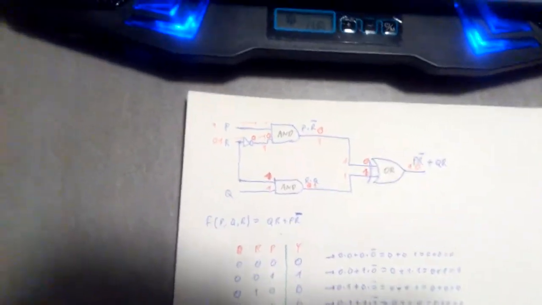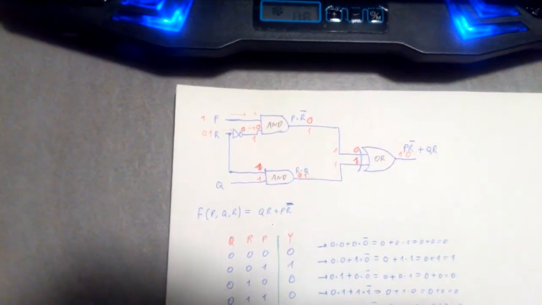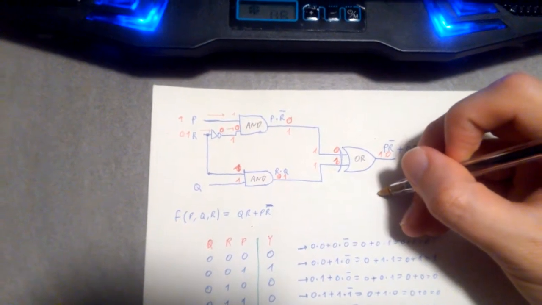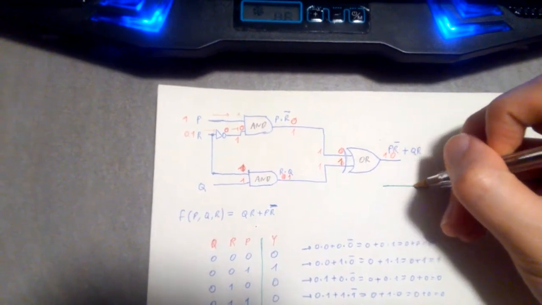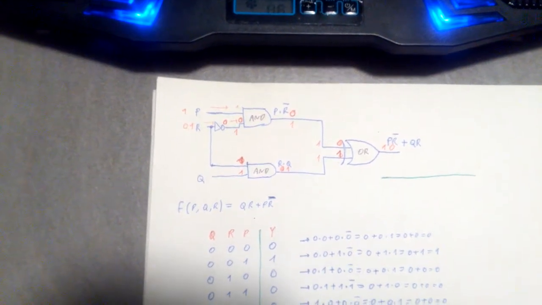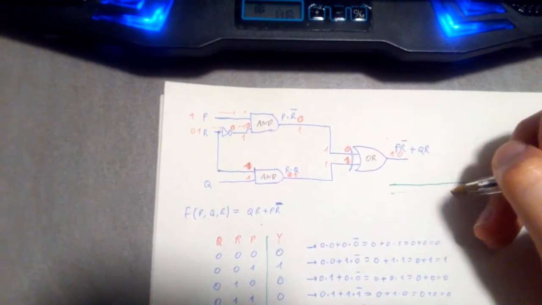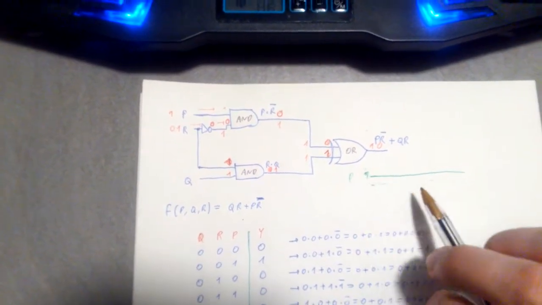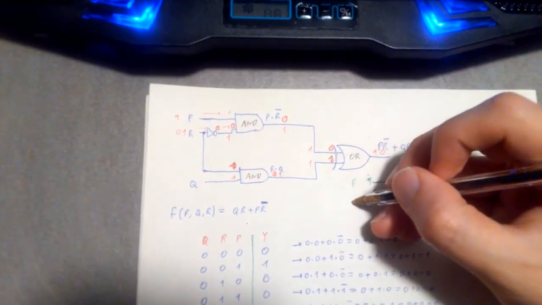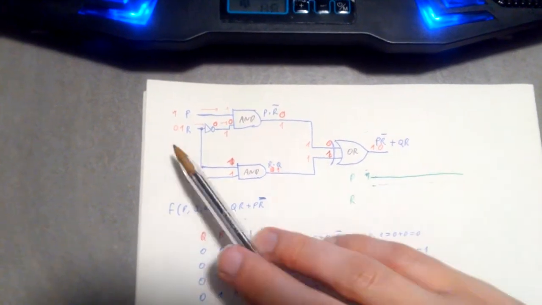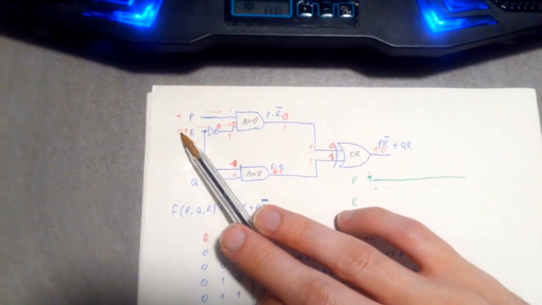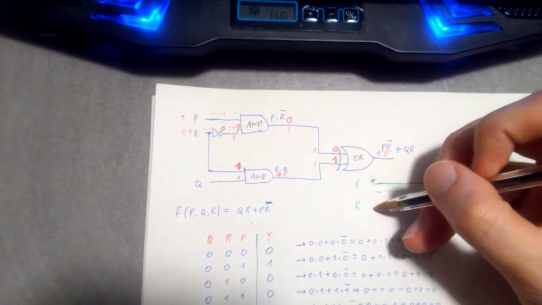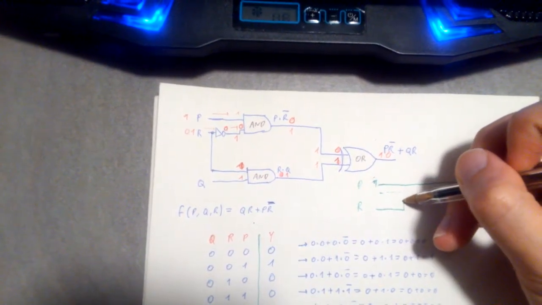When you write circuits, and you have P, R, and Q, you will have something like this. You will have P, which goes to 1, and it's 1 all the time. For R, if you were going from 0 and then a NOT going to 1, you will have something like this.